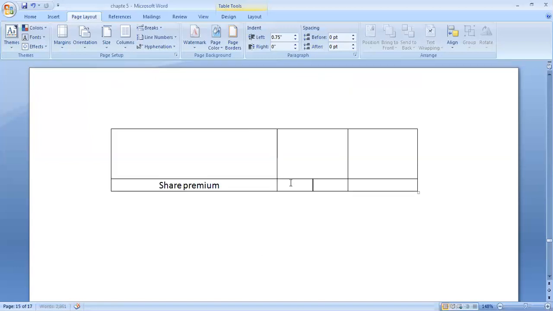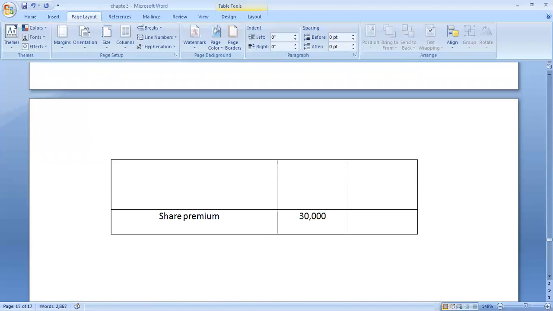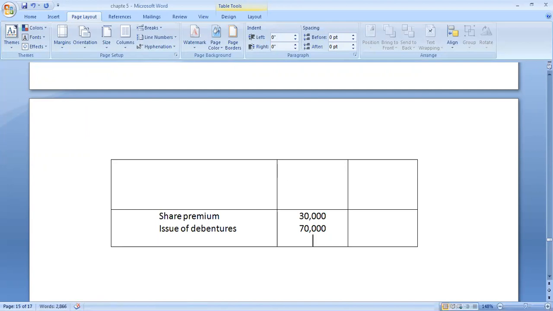So what is the value of share premium? It is 30,000, so which is increased. Okay, share premium, and there is also issue of debentures. So debenture is increased. So what is the value of debentures? It is 70,000.